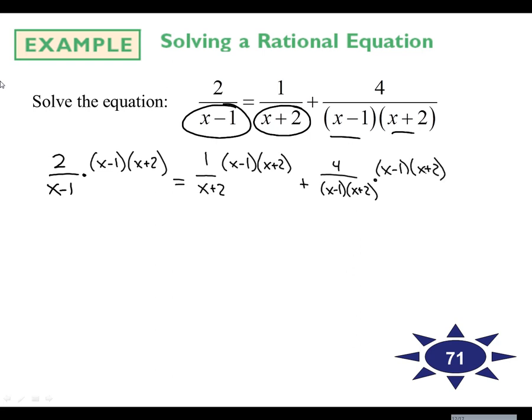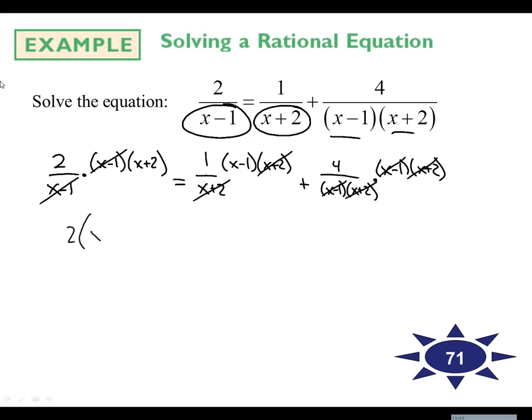And the reason we're going to do this is that we're going to be able to cancel out, boom, boom, boom, boom, and on the last term we cancel out all of the parentheses. We're not going to be left with any denominators anymore. So be careful with your parentheses now.